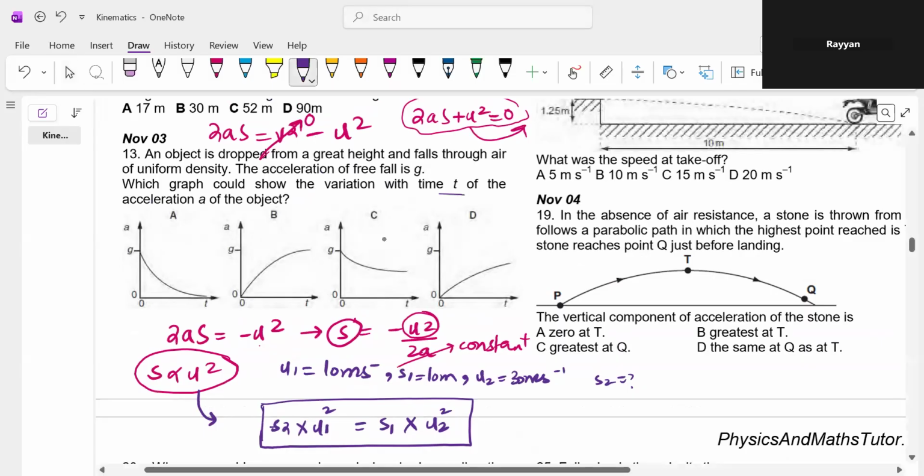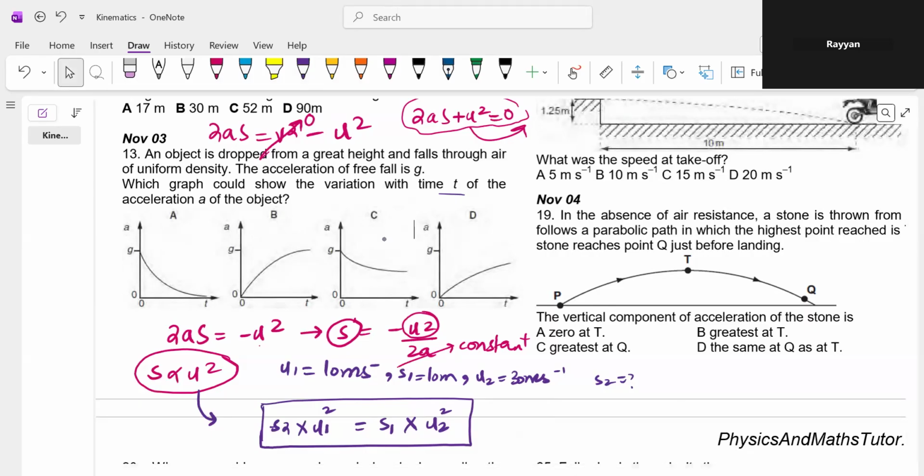Now they are asking for the variation graph of acceleration with time. In an acceleration time graph, when the object is falling, there is a free fall motion, so the gradient in this is velocity?